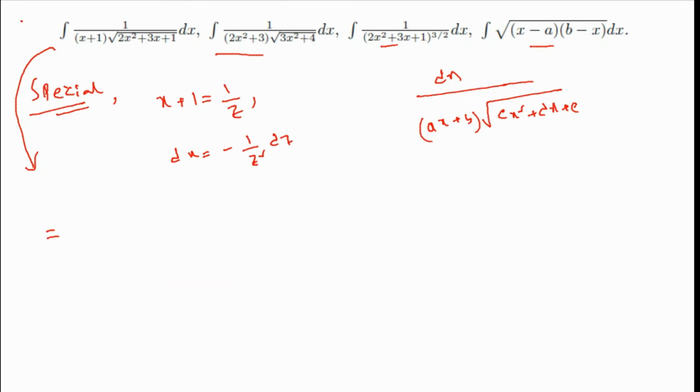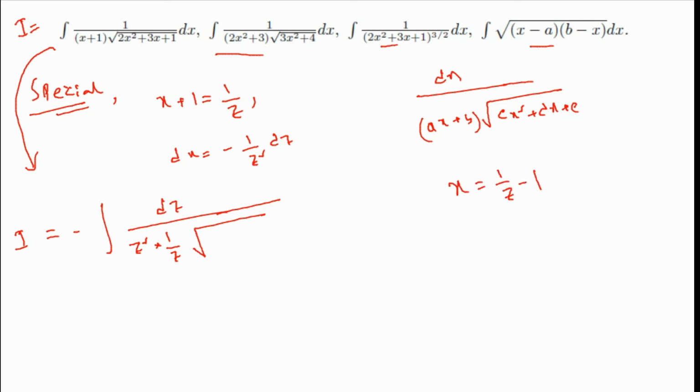So just write it as I. So I equal to minus integration dz by z square into (x plus 1 equal to 1 by z), so 1 by z into root over, you can just write x equal to 1 by z minus 1, and you can just write (1 minus z) by z, and just put the values of x here, 2 into (1 minus z) whole square by z square plus 3 into (1 minus z) by z plus 1.